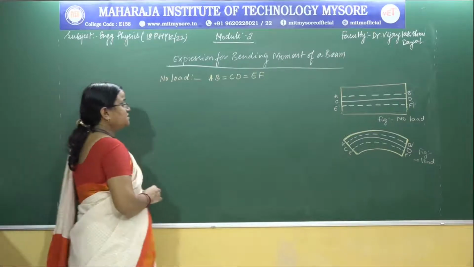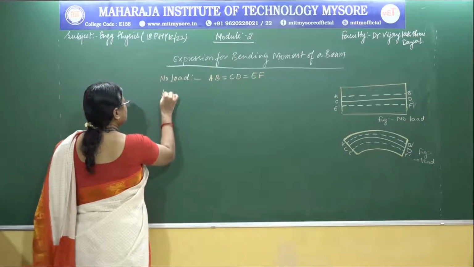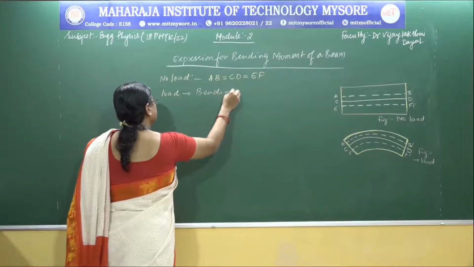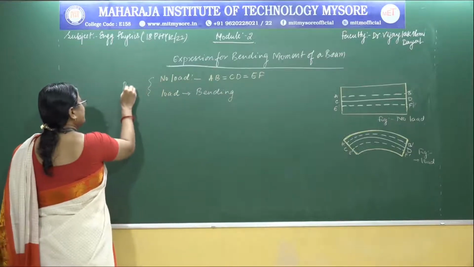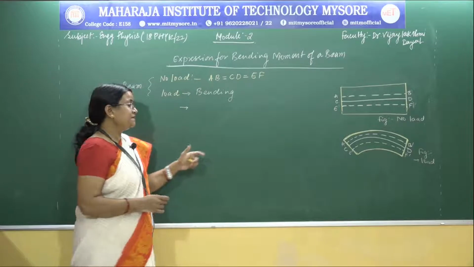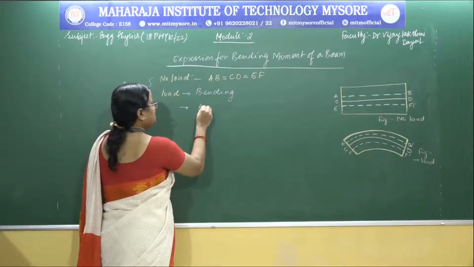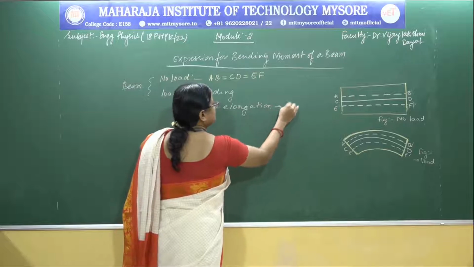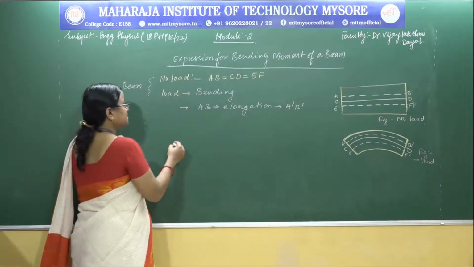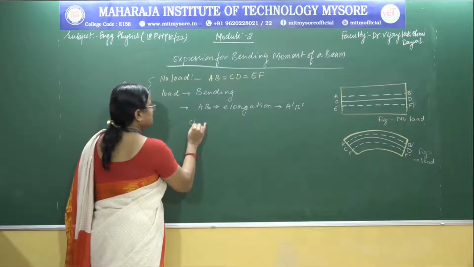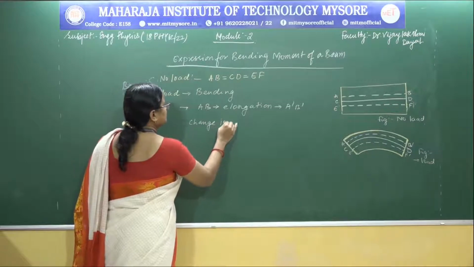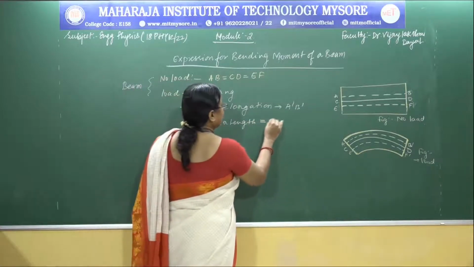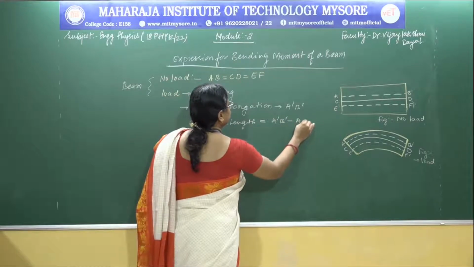Next, if we consider that the load is applied and the beam undergoes bending, due to the bending the upper layer filament AB undergoes elongation and the new length is now A'B'. The change in length, which we call longitudinal strain, will be equal to A'B' minus AB.